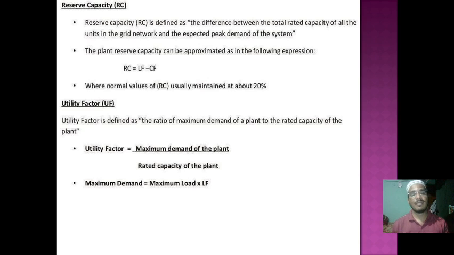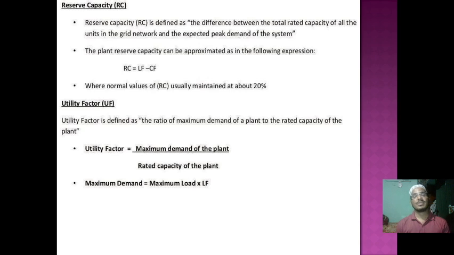If the requirement is 80%, for example load factor is 80%, then 80 minus 60 is 20%.